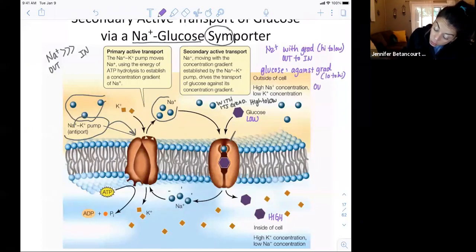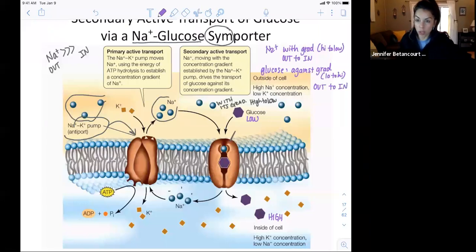That is also going from the exterior to the interior of the cell. So both of them are going from out to in, which is what makes this a symporter. But importantly, one molecule is going with its gradient, and that is the driving force. This was established by the primary transport pump, and glucose is going against it.